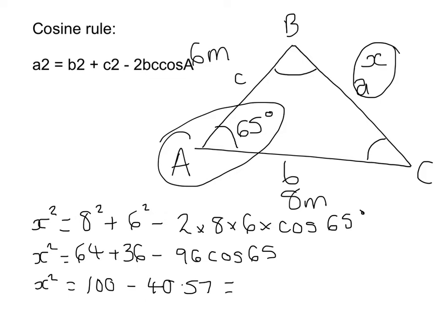Now that means that x squared is equal to 59.43. But we're not looking for x squared, we're looking for the value of x, and to get that I square root, which gives me my answer of 7.71 metres. Now we've done that, we'll look at another example.